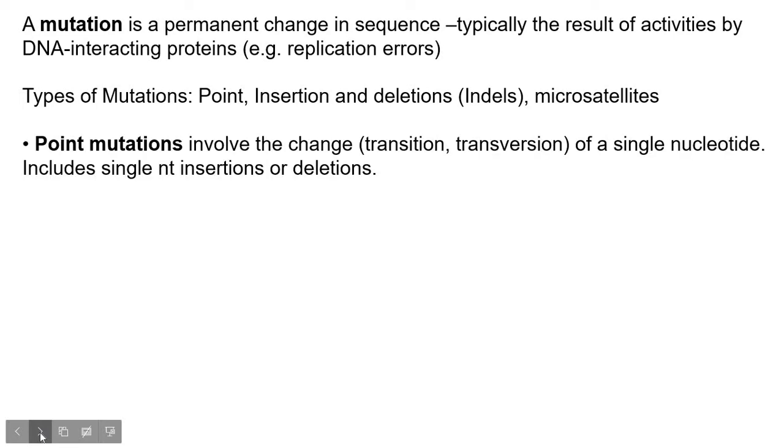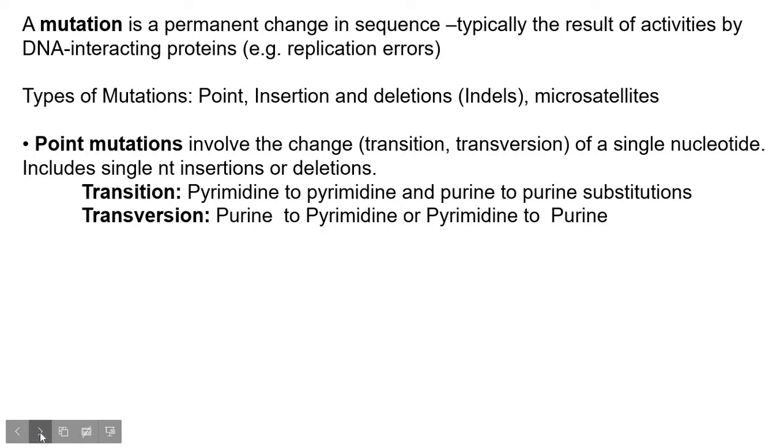Point mutations involve a change. This change can be a transition or a transversion of a single nucleotide, or a single nucleotide insertion or deletion. Transition is a pyrimidine to pyrimidine or purine to purine substitution. So it's not changing the type of your base. It's always either pyrimidine to pyrimidine, so that will be cytosine and thymine, or purine to purine, A or G. Transversion is the opposite, so it's purine to pyrimidine or pyrimidine to purine.